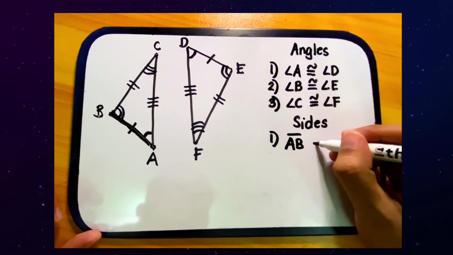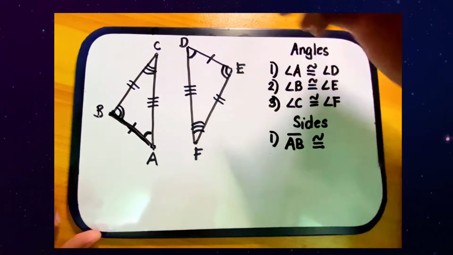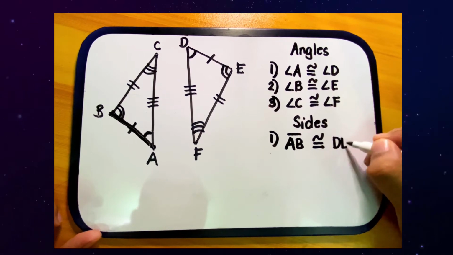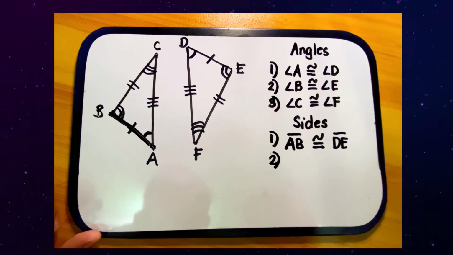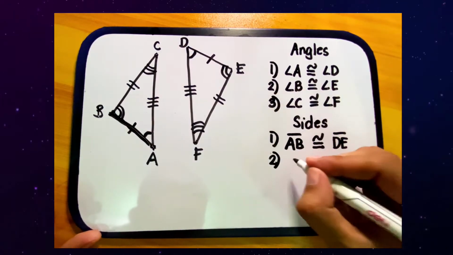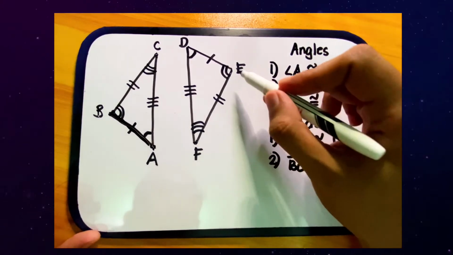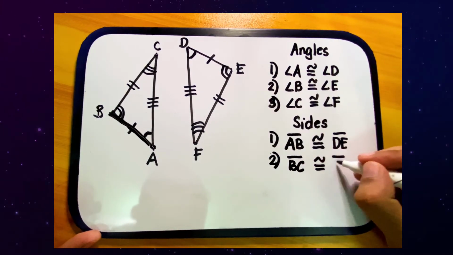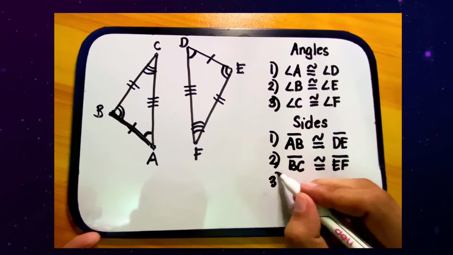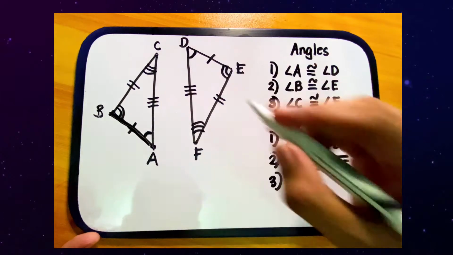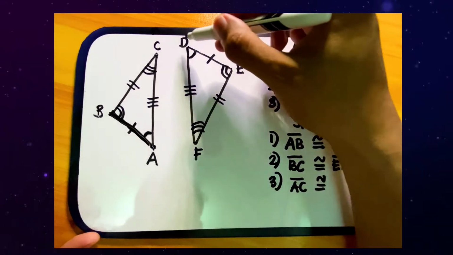So segment AB, or side AB, is congruent to DE. Second pair, side BC is congruent to side EF. Then the third pair, side AC is congruent to side DF.